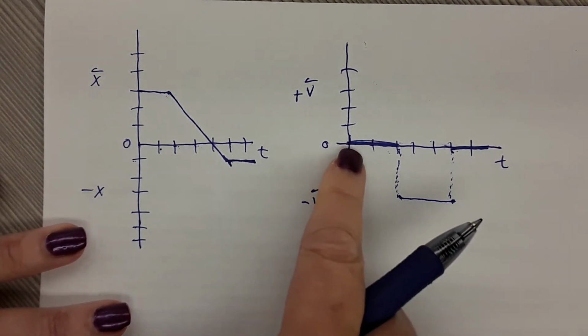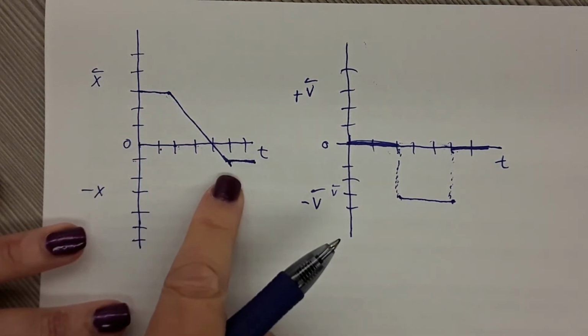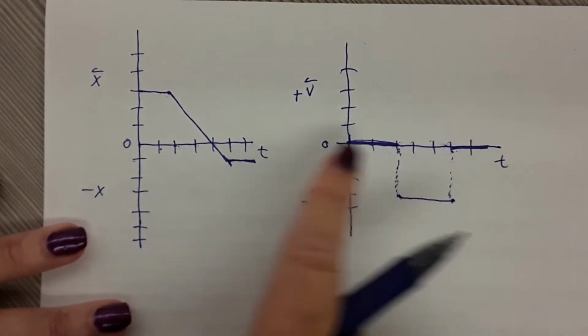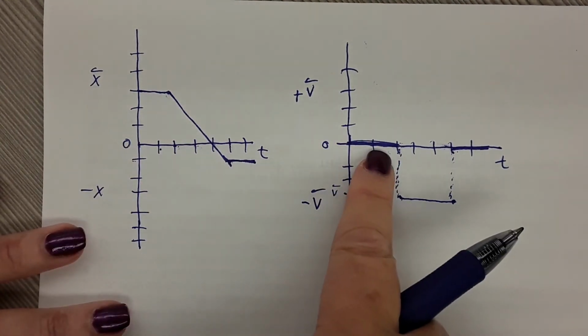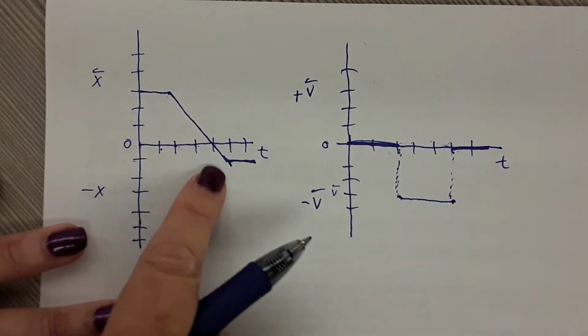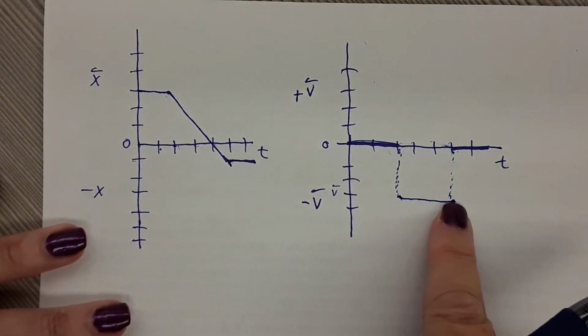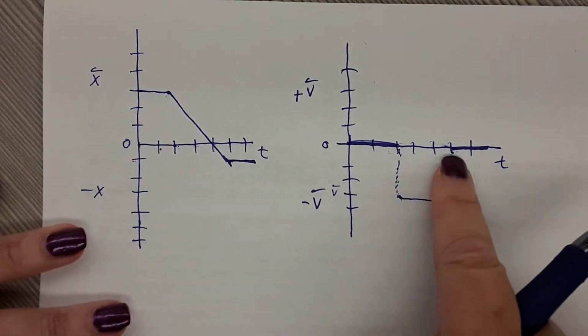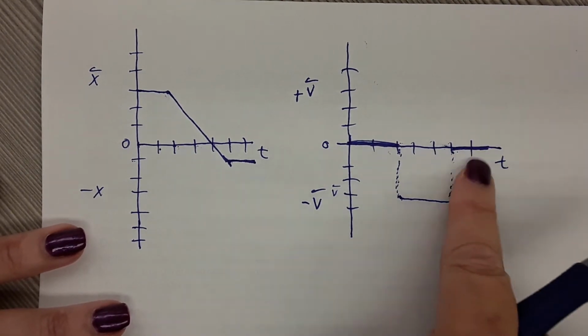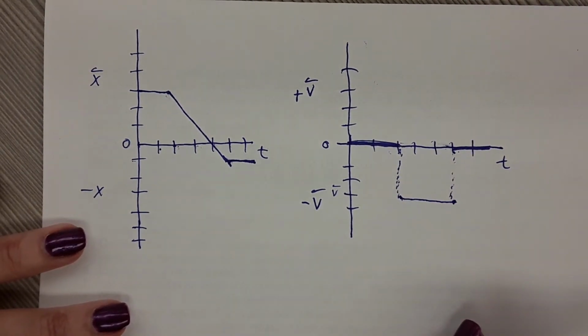So we have transposed the motion that's shown by the slope here onto this graph. 0 slope, 0 velocity. Negative constant slope, negative constant velocity. 0 slope, 0 velocity. Get it? That's how you transpose a graph.